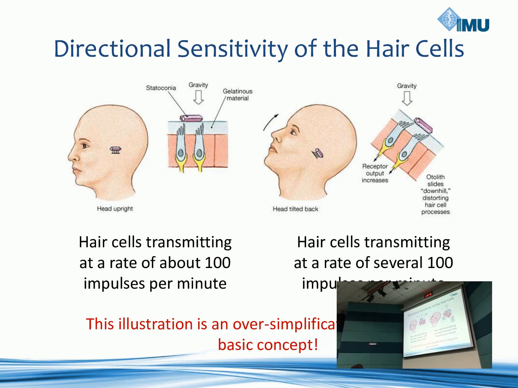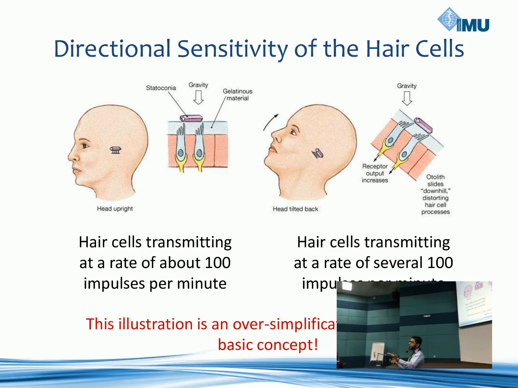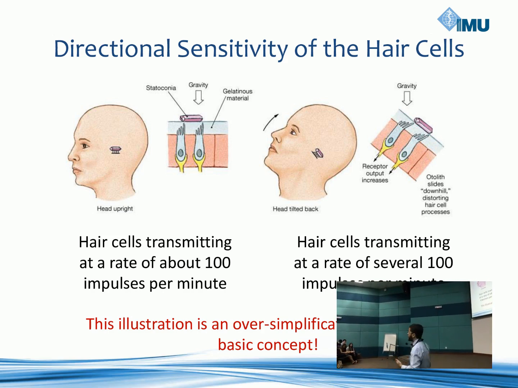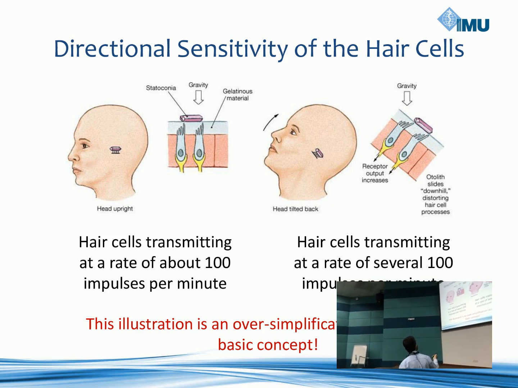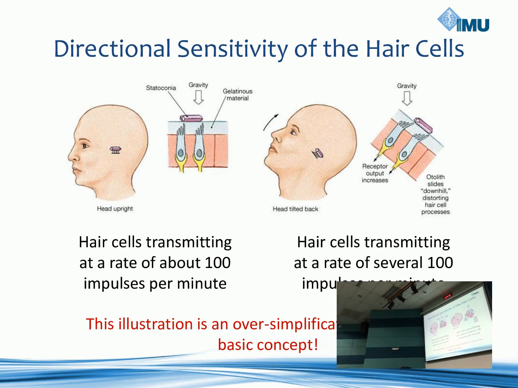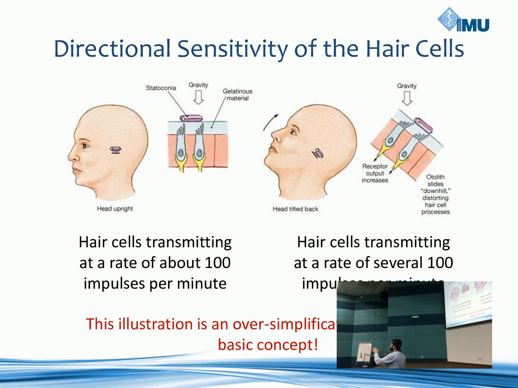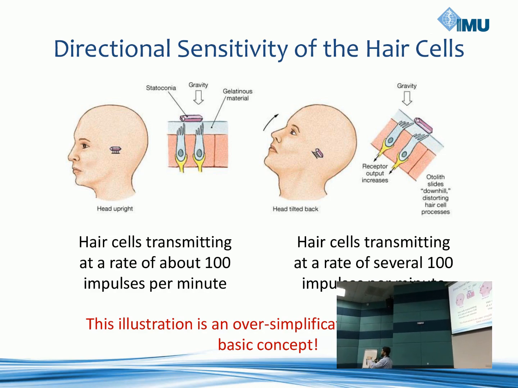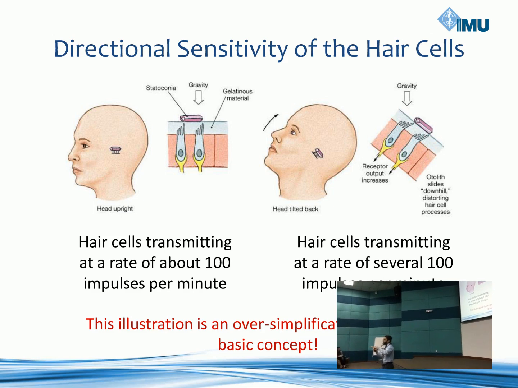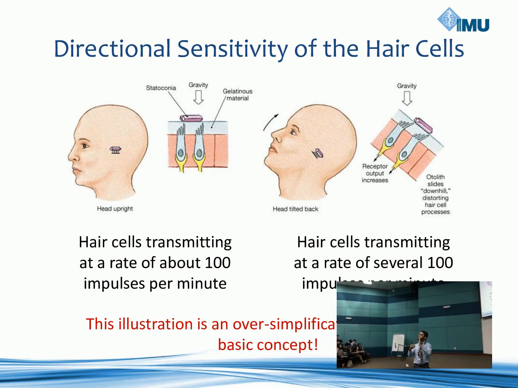In this case, the stereocilia move towards the kinocilium, depolarization, and increased impulses will be sent to the brain. Basically, the hair cells, when your head is upright, are sending a baseline stimulus to the brain all the time, about 100 per minute. So when you bend forward, this 100 will become less. When you bend backwards, this will become more.